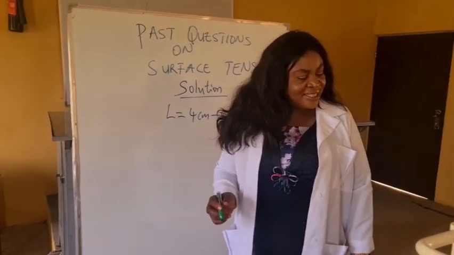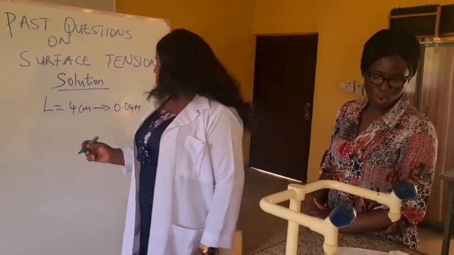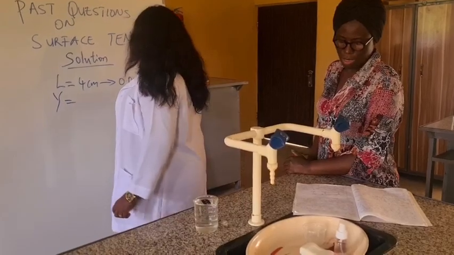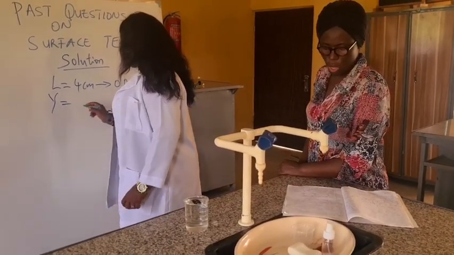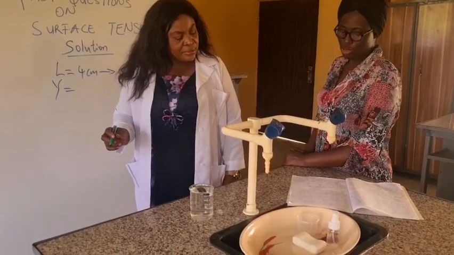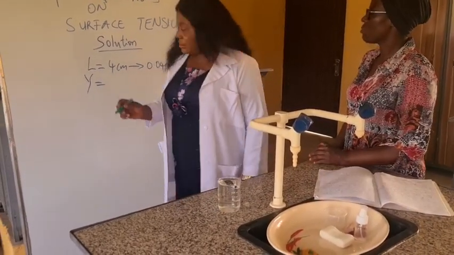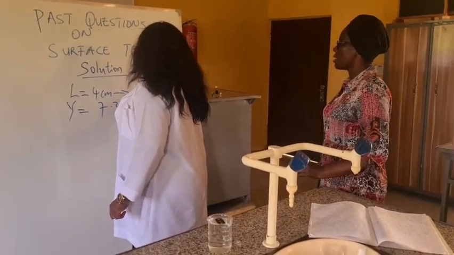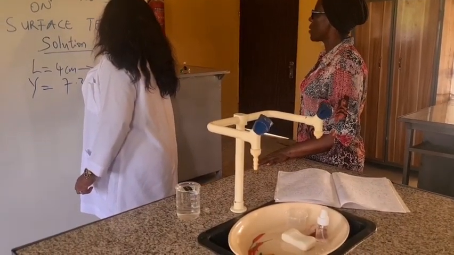Come again. Calculate the force required to lift a needle 4 cm long off the surface of water if the surface tension of water is 7.3 times 10 raised to power minus 2 Newton per meter.